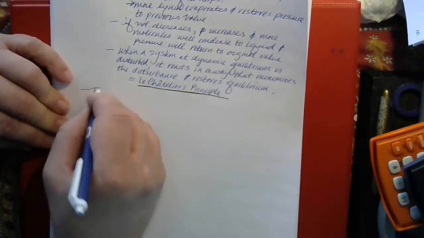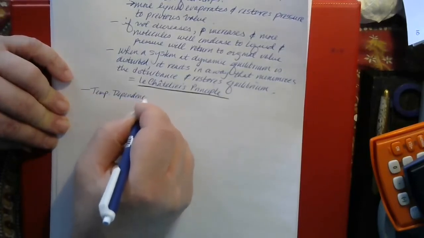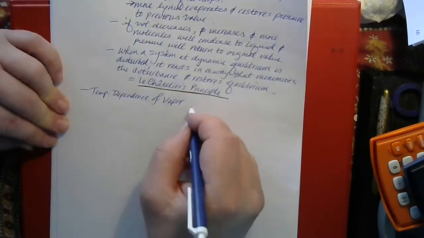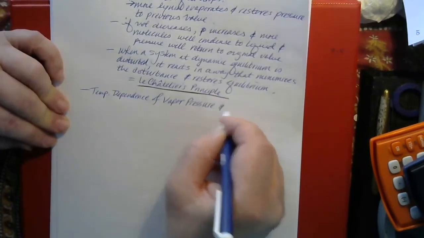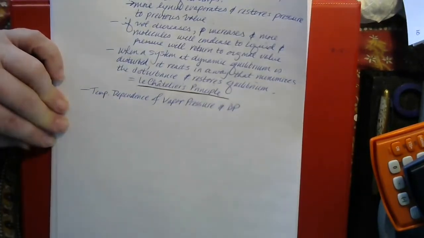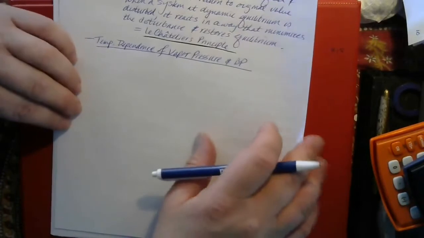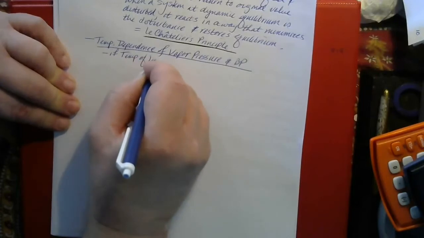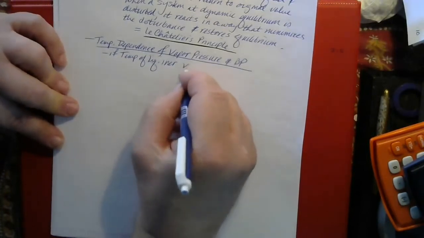Okay, as we've mentioned, vapor pressure can depend on temperature. And boiling point as well. And so we know that if the temperature of a liquid increases, the vapor pressure increases.